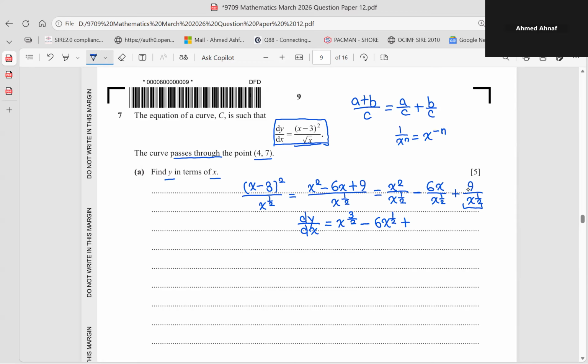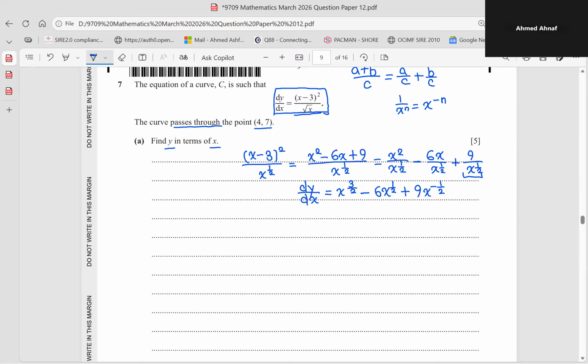So the last one, 9 over x to the power of half, is just going to be 9 x to the power of negative half. So this is our simplified dy dx term. Now we are ready to find y by integrating. To find y, just integrate this whole expression with respect to x.